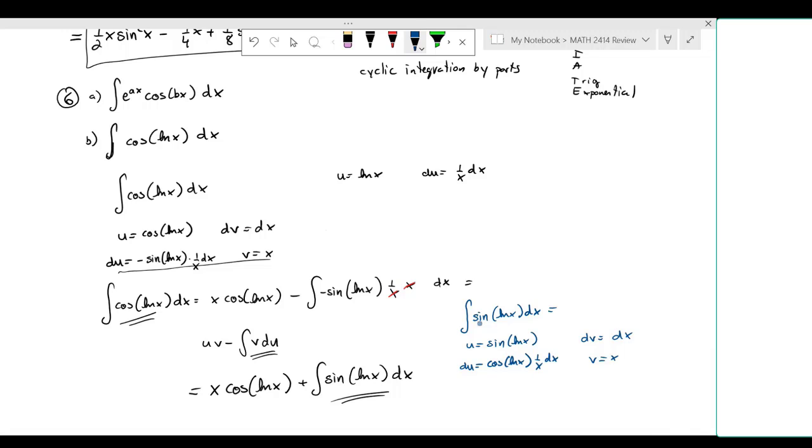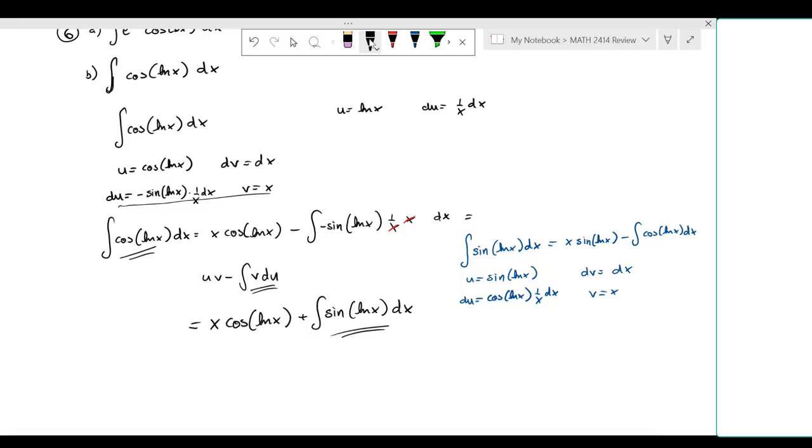Okay, and then using integration by parts, u times v, and then the integral of v du. All right, so let's put that together.